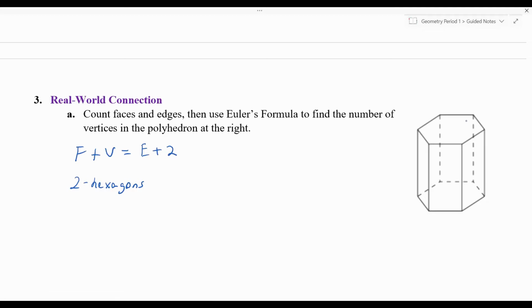So these are 6, and the overall shape of the sides are rectangles. So we have 6 of those. So it's 6 rectangles. All right. So we take those 2 and add them together. 2 hexagons and 6 rectangles gives me a total of 8 faces.